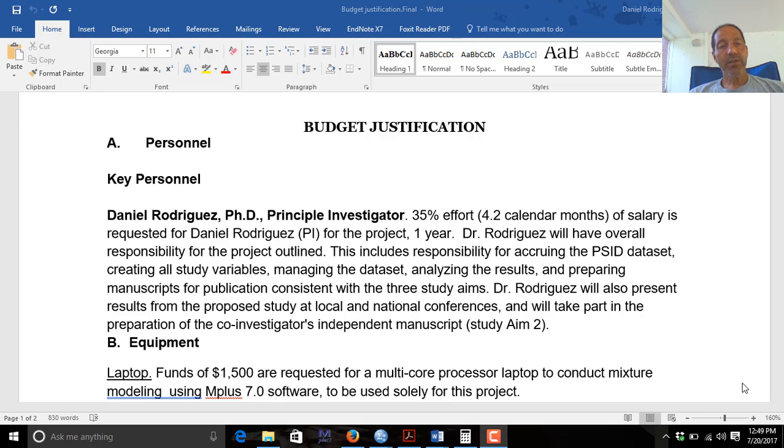So in this particular grant application, there were no participant payments. So this is based on a secondary data analysis. However, as the principal investigator, I needed to be paid. Now we've written other versions of this grant where there are different expenses, but this is good enough for now.